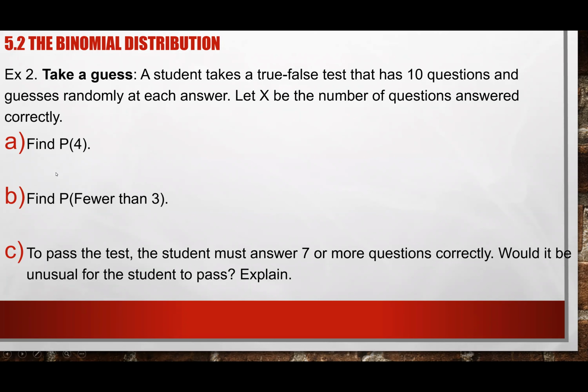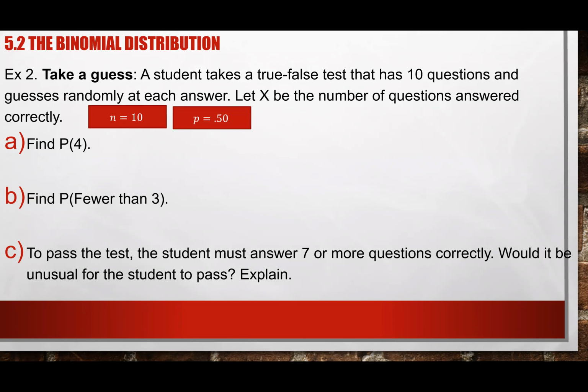Our problem is we need to find the probability. Like I mentioned earlier, there are 3 things we need. How many total items do I have? What is my N? In this case, N is equal to 10, the 10 questions we have. The second thing we need is the probability of a correct answer on each question, which is 50%.